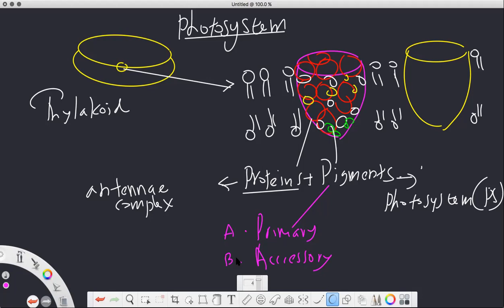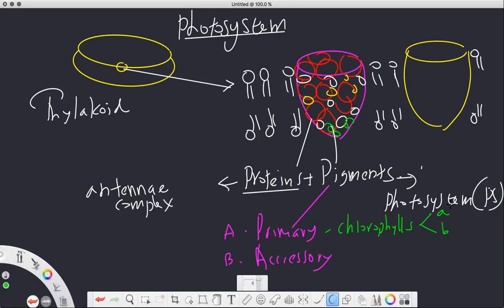So primary pigments are chlorophylls. Plants have again two types of chlorophylls, chlorophyll A and chlorophyll B. Chlorophyll A and chlorophyll B are the main pigments which provide a significant contribution to photosynthesis.